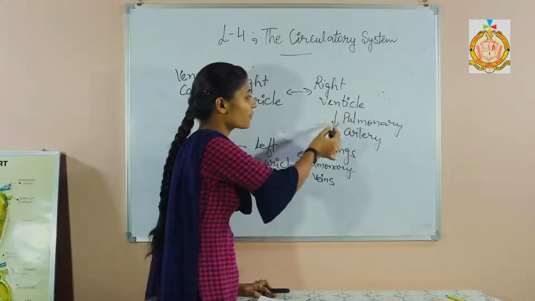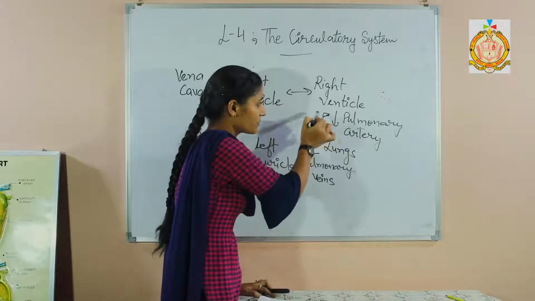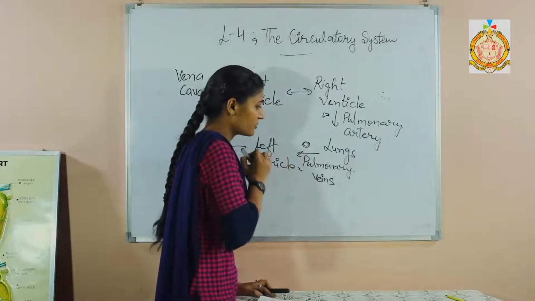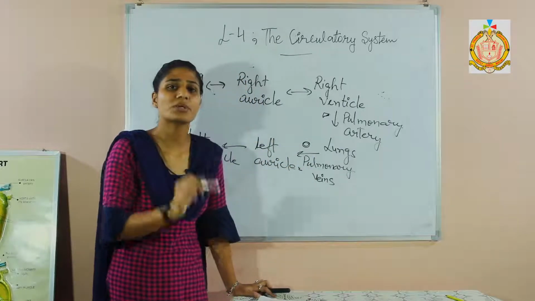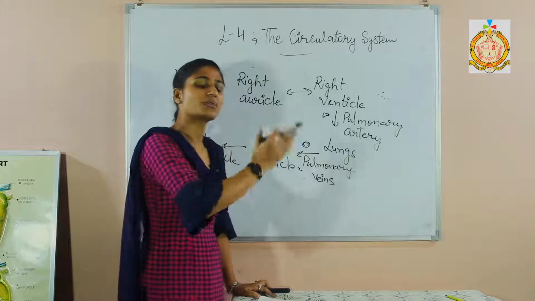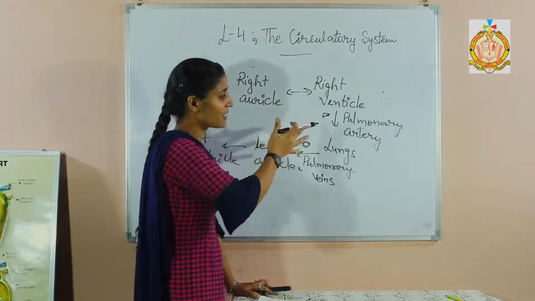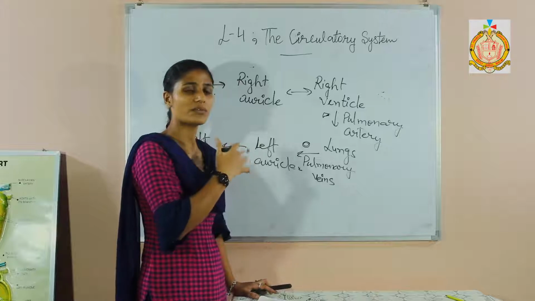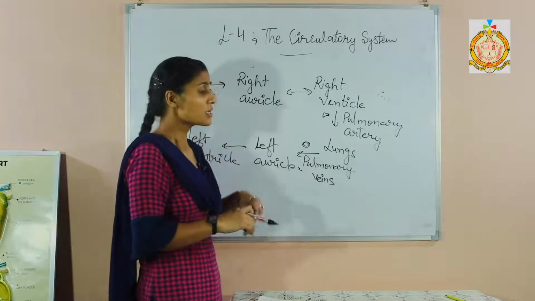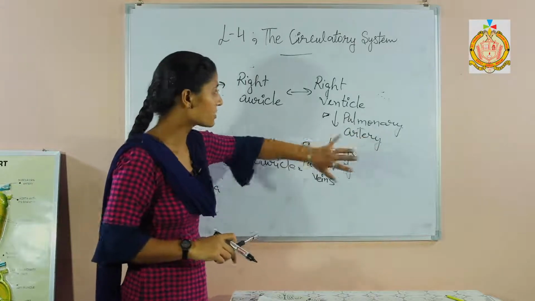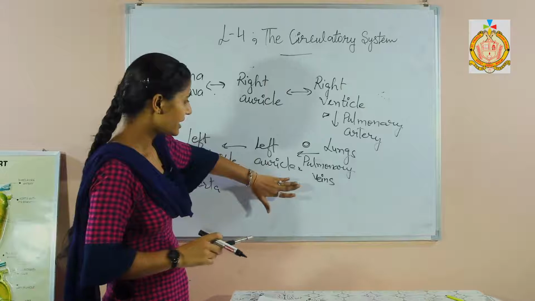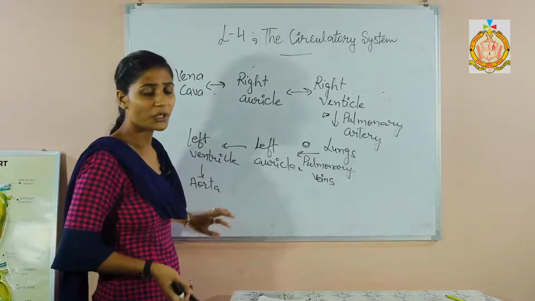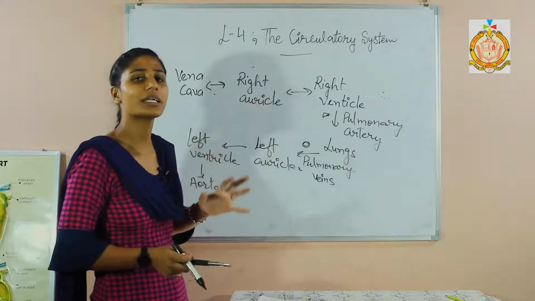And when it is entering the pulmonary artery and coming back to the heart with the help of pulmonary veins, this is known as pulmonary circulation, because pulmonary vessels are taking it to the lungs and afterward taking it back to the heart after purification. So this circulation is known as pulmonary circulation, and the rest, again from the left auricle to the left ventricle and aorta to the whole parts of the body, this whole is the part of the cardiac cycle.